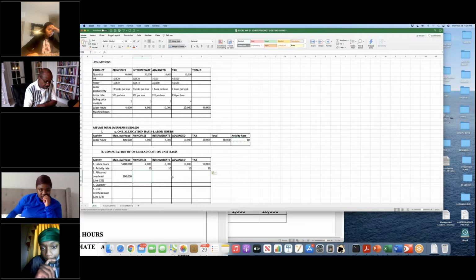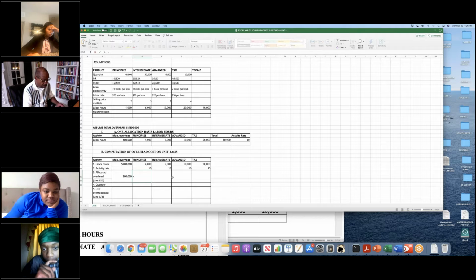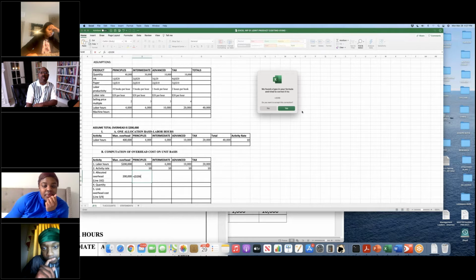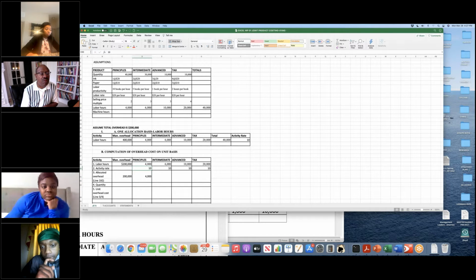So this equals... It says it found a typo in my formula, so go ahead and correct it. So it hasn't calculated that, correct?